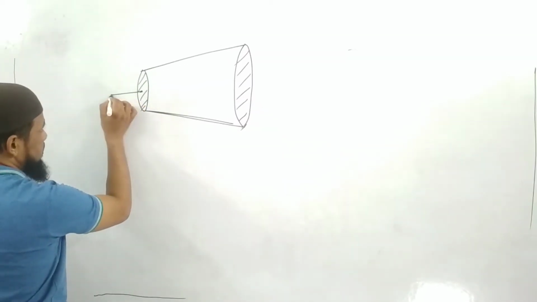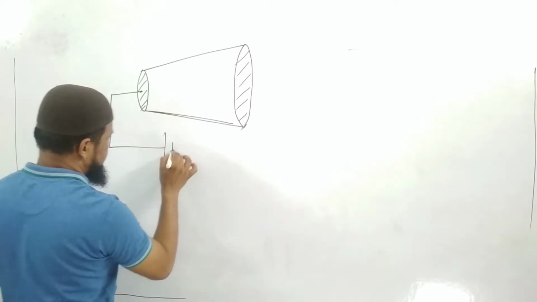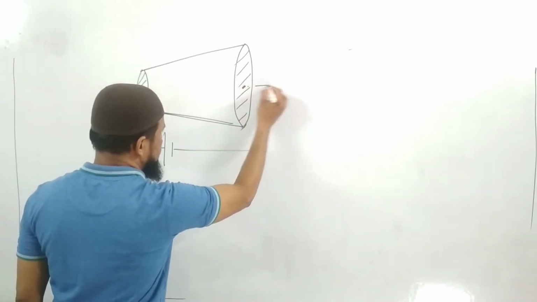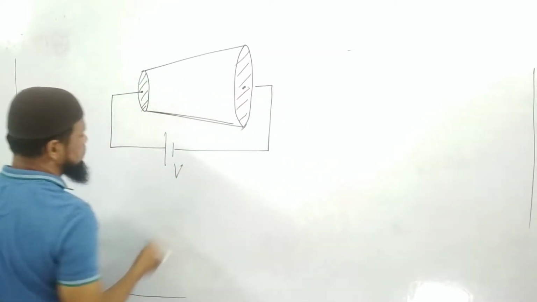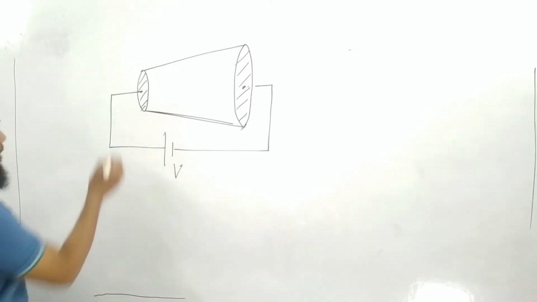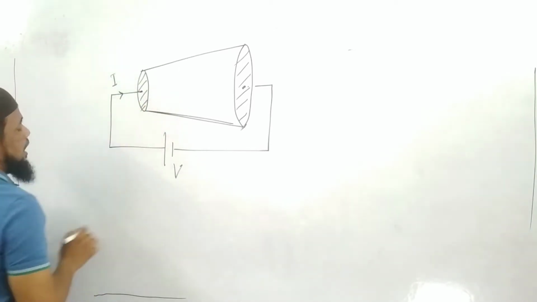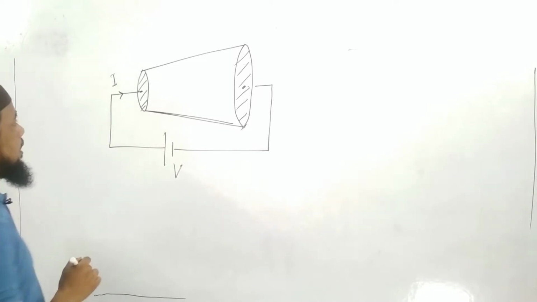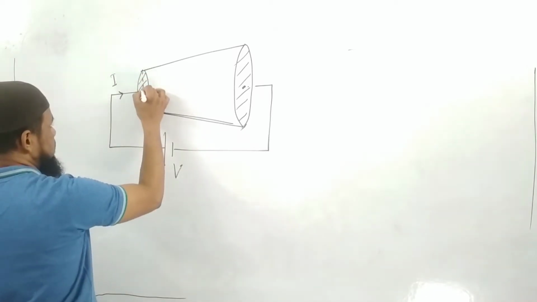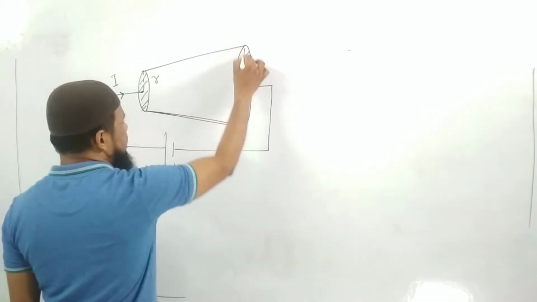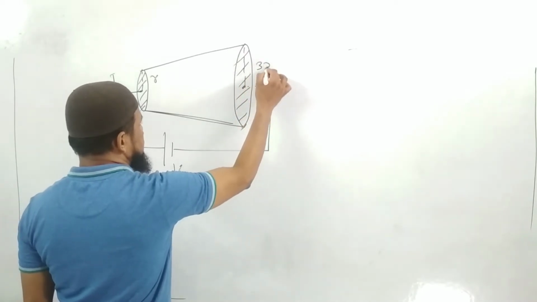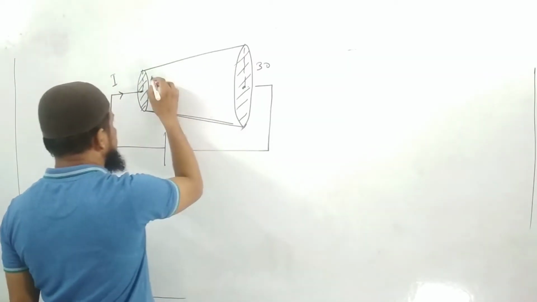Now this is connected to a battery of V volt. And the current in the circuit is I. This particular region has radius r, and this particular region has radius, for example, thrice r.